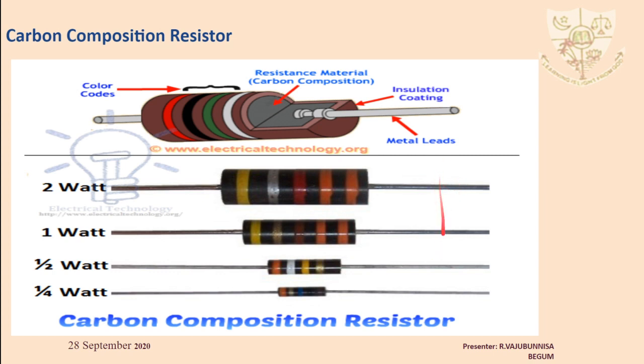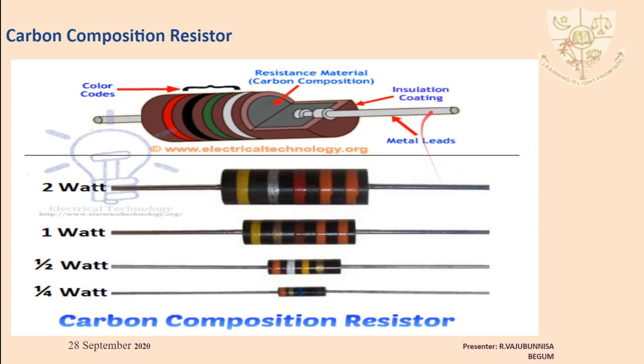Here, the physical size of the carbon composition resistor is shown for different wattage capacities. Carbon composition resistors are a mixture of carbon particles, graphite and ceramic dust mixed with a substance like clay, as I told earlier. They are used in current limiting high voltage power supplies.